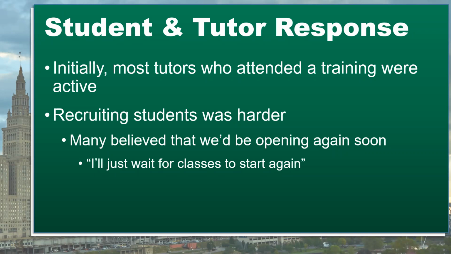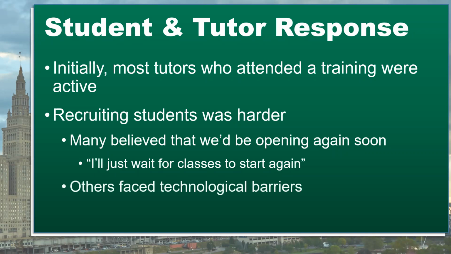I'm just going to wait for that. Or I'll just wait for classes to start over again. And the reality is we knew it was probably going to be longer. And the longer it went, we knew the longer it was going to continue. But students were slower to accept that reality.